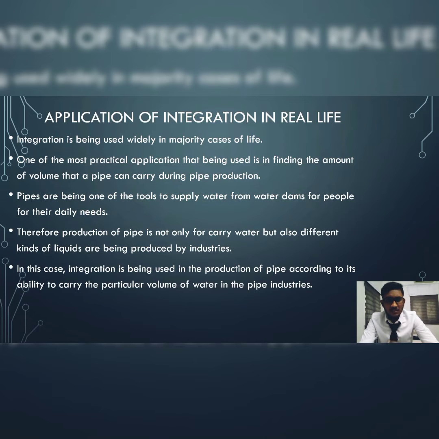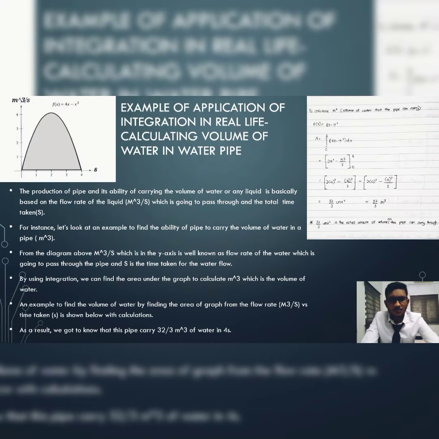In this case, integration is used in the production of pipe according to its ability to carry a particular volume of water in the pipe industries. So, let's look at an easy example of application of integration in real life, which is to calculate the volume of water in the water pipe.